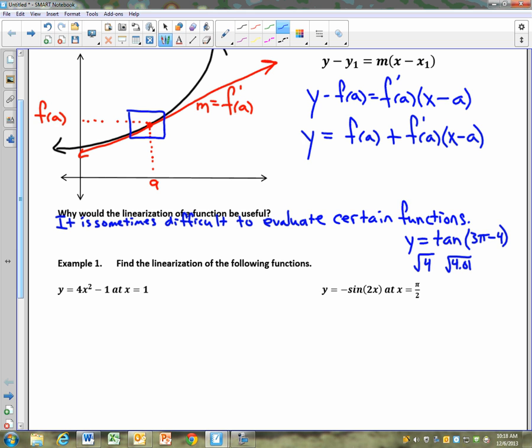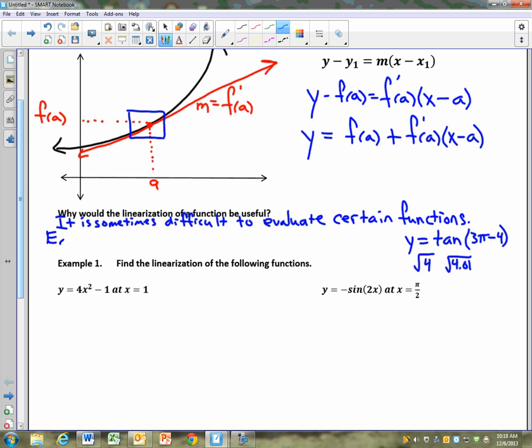If I told you right now to find a good approximation of the square root of 4.01, I would guess that most of you wouldn't come up with something a whole lot different than 2. But for people like Isaac Newton and others, they would say, well, let's find a quick method for coming up with a really good approximation for what that is. Do you ever wonder how your calculator actually does that? Your calculator uses this awesome formula, and I'll show you guys in about a month, but we want to come up with that. So it is sometimes difficult to evaluate certain functions.